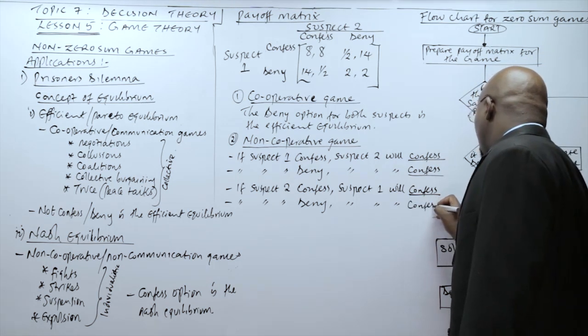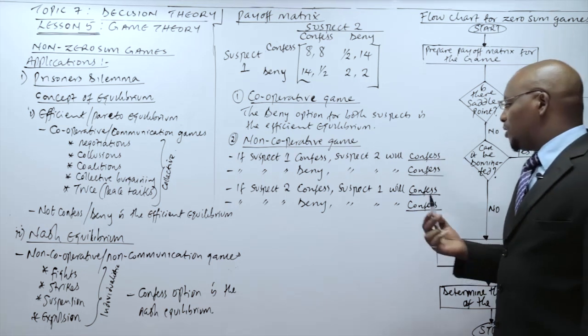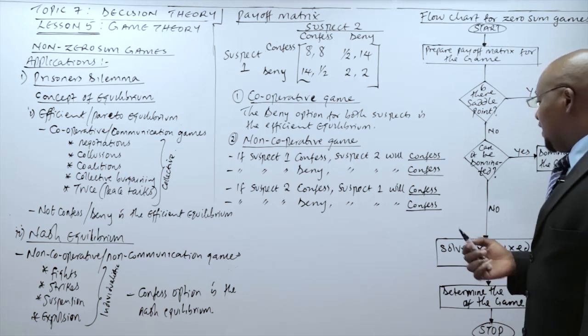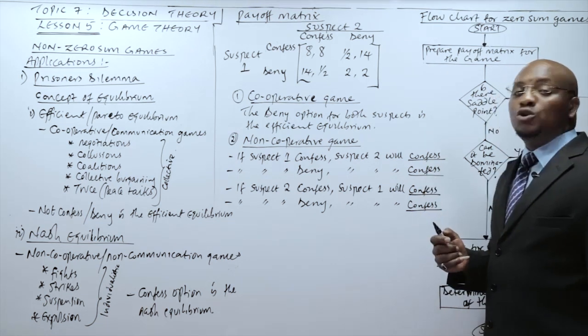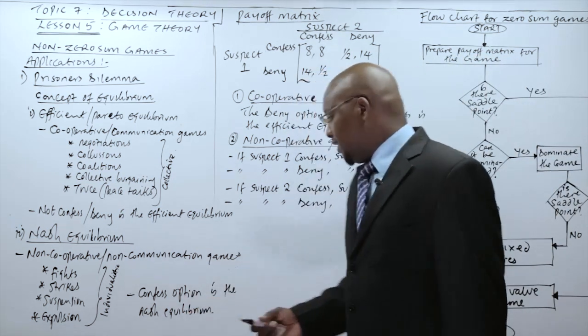Look at that again. Suspect 1 will always confess irrespective of what suspect 2 does. And therefore, we can make a conclusion that it is true that both suspects are going to confess, as we had given here, that confession option is the Nash.